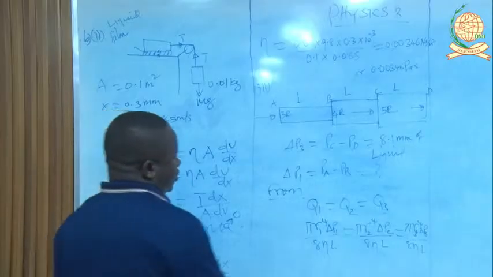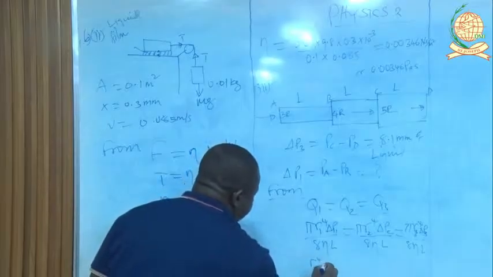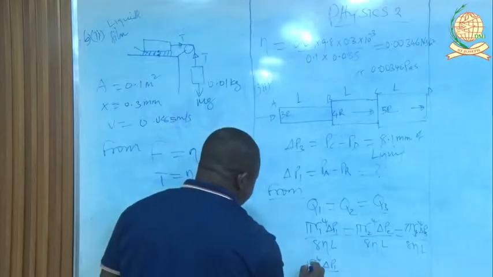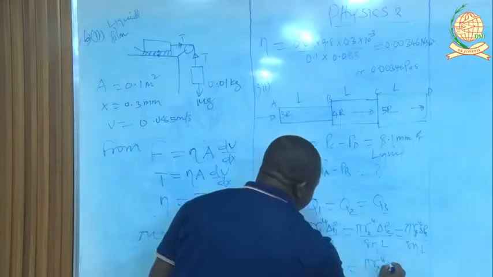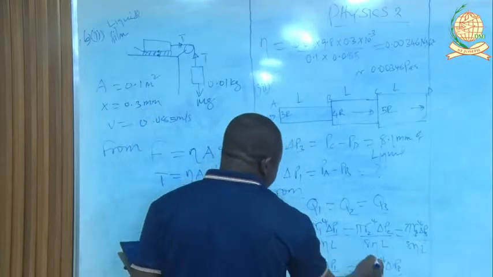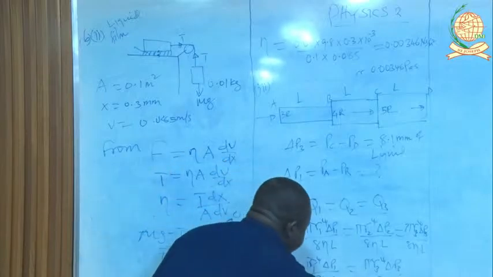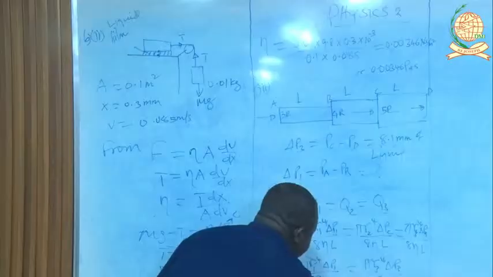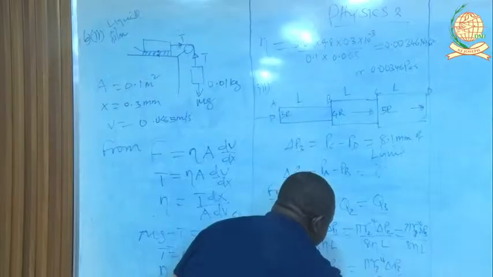So equating the first and the third, you will have R1 to the fourth times change in pressure 1 divided by 8 eta L equals pi R3 to the fourth times change in pressure 3 divided by 8 eta L. So you can cancel the pi, then you get the pressure across the first capillary equals R3 over R1, bracket exponent 4, times the pressure across the third.